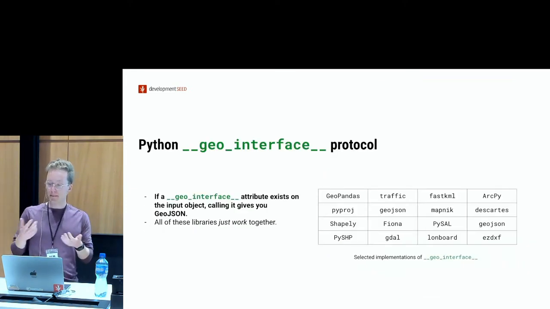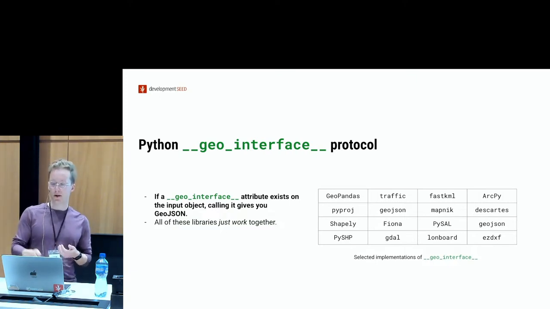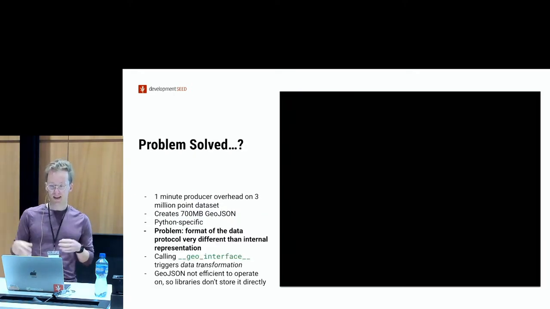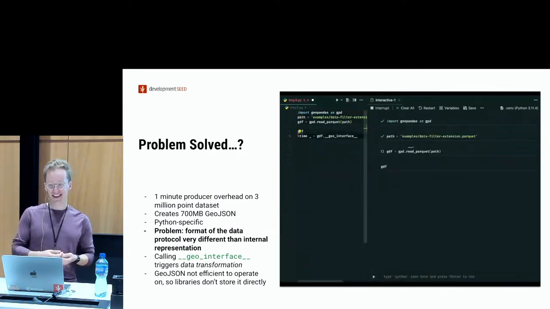And so it's really amazing because so many of these different libraries can just work together because they can see that any object has a __geo_interface__ attribute without having to know anything else about that library. GeoPandas can work with GDAL and Lonboard and Mapnik by deciding on this interface.